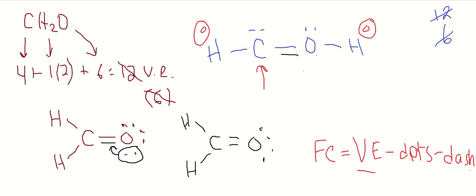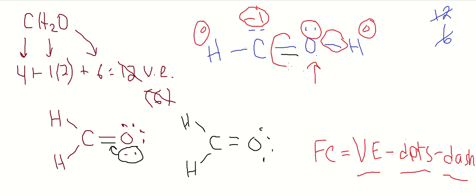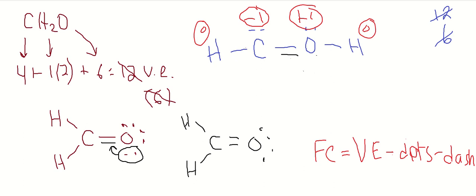So that's 4 minus 2 minus 3, which is negative 1. So the formal charge on that carbon is negative 1. And the formal charge on the oxygen is 6 valence electrons minus 2 dots minus 3 dashes, so that's going to be positive 1. So that's not looking good right now.